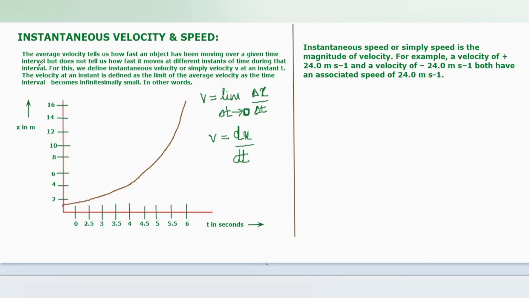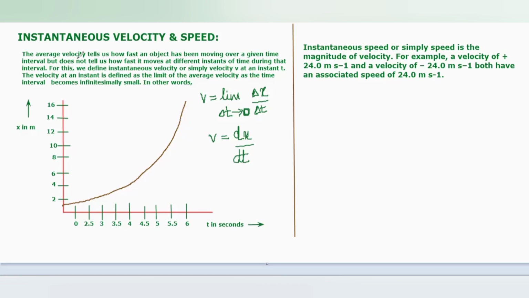Like simply the first case we considered, can you remember O to P? It takes 18 seconds. In this given time interval, how fast the object is moving, that is the average velocity we calculated.